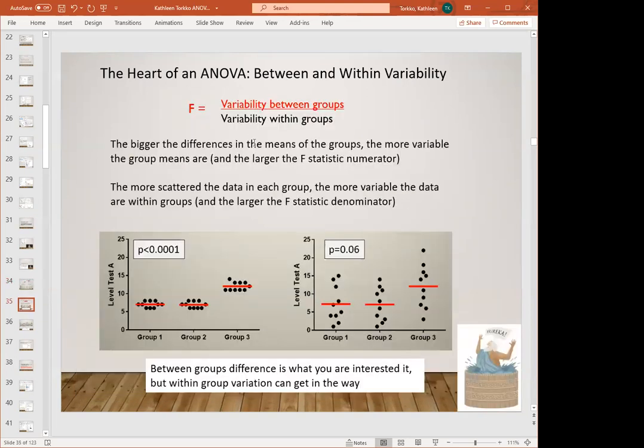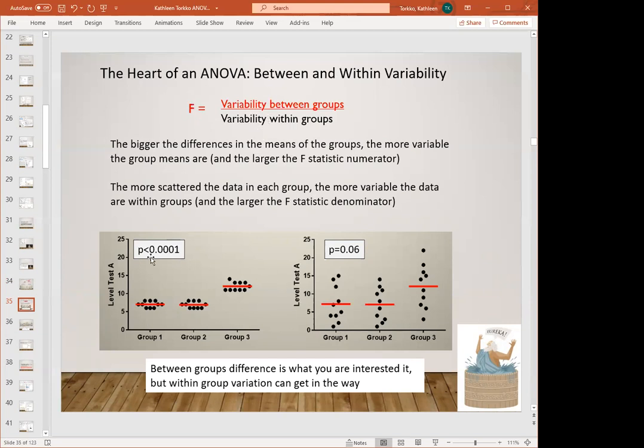So here I'm getting to my eureka moment, when I realized that all it is is just looking at the variability. The bigger the difference between the means of the groups, the larger your numerator, the larger the F statistic, and the more likely to be statistically significant. But the less variation you have within each group, the smaller the denominator and the larger the F statistic.